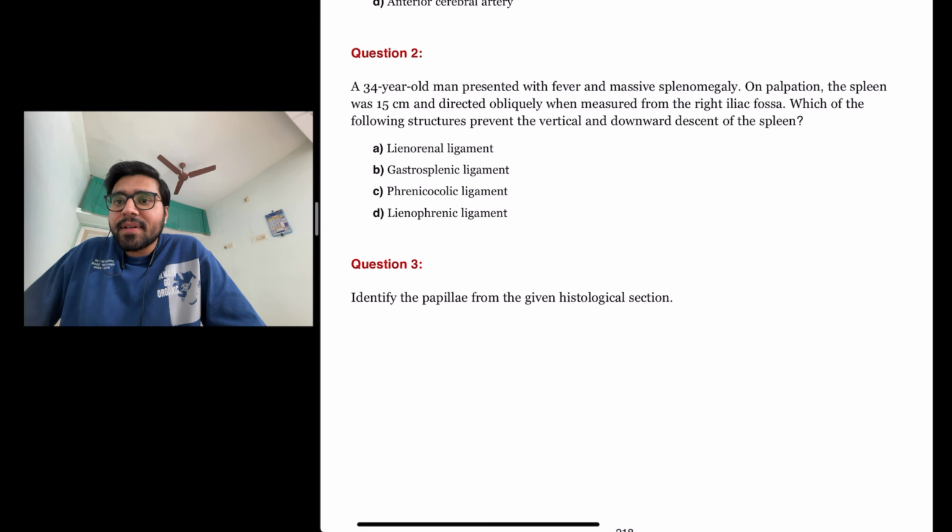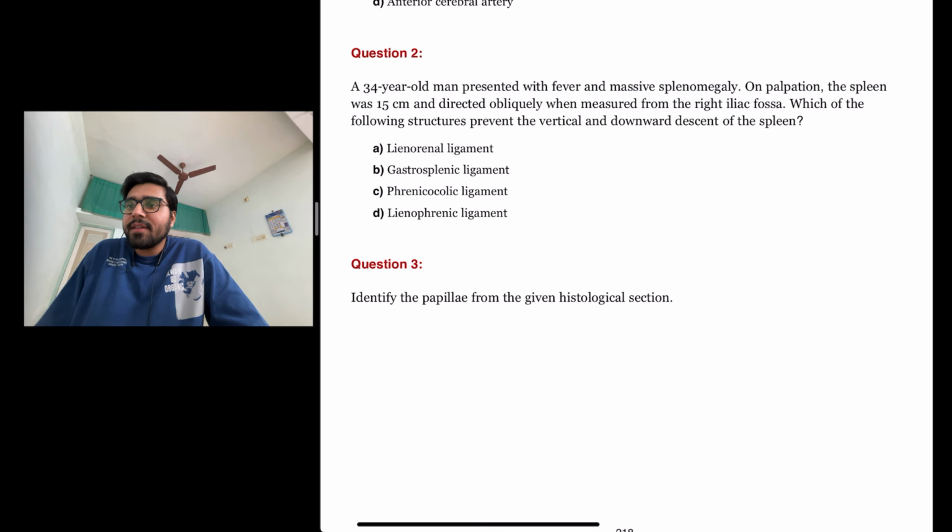The next question is: a 34-year-old man presented with fever and massive splenomegaly. On palpation, the spleen was 15 centimeter and directed obliquely when measured from the right iliac fossa. Which of the following structures prevent the vertical and downward descent of the spleen? So here they are suggesting vertical and downward descent of the spleen.